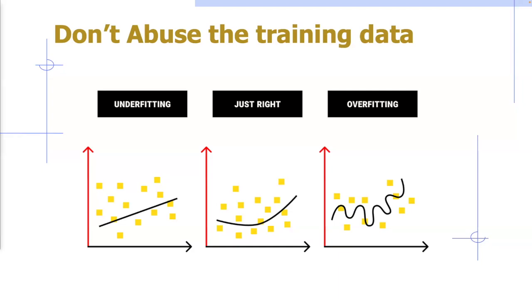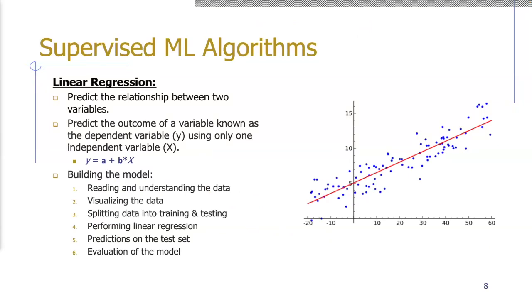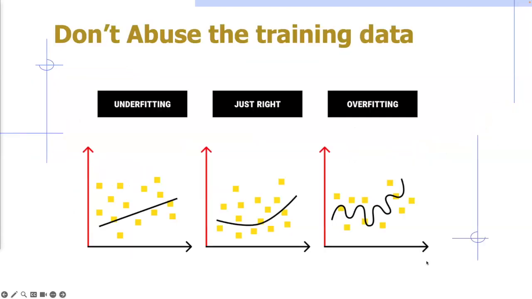So epochs help you determine if your model is learning from the data. And if it's learning, you're going to have a chart looking like the one in the middle.